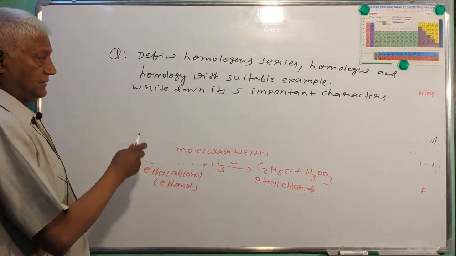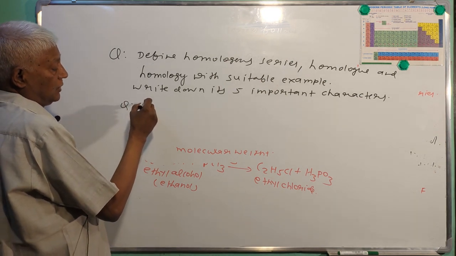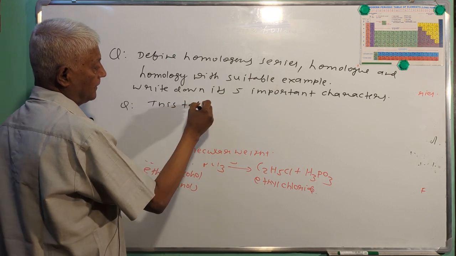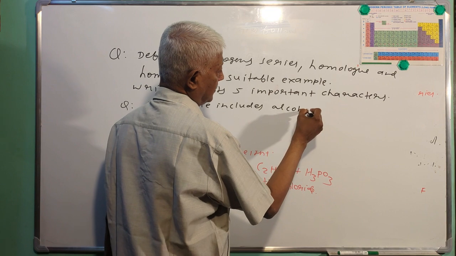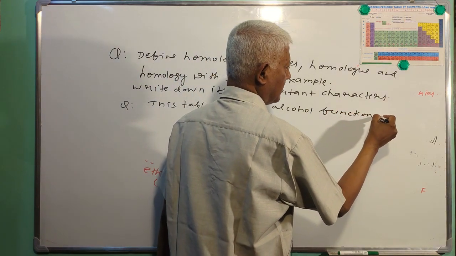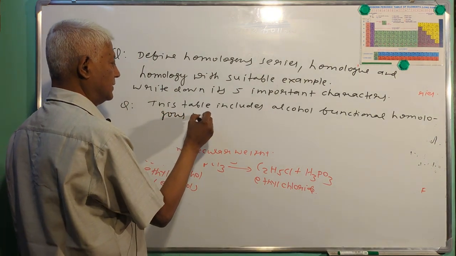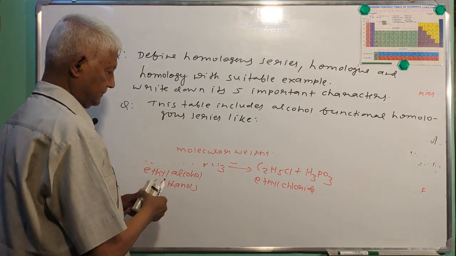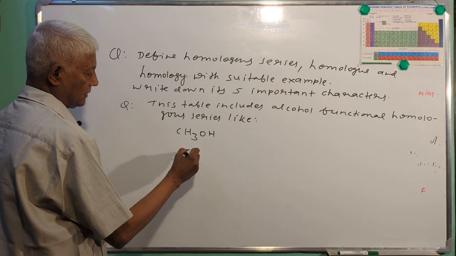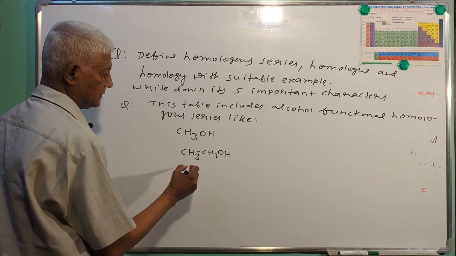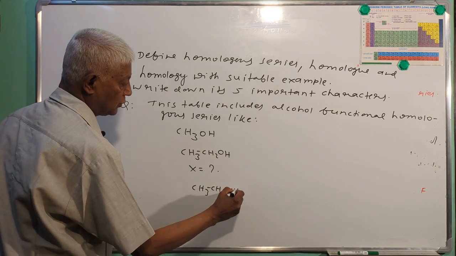So, sometimes the examination asks you like this. A question model: this table includes alcohol functional group homologous series, like CH3OH, CH3CH2OH. Third, CH3CH2CH2OH.